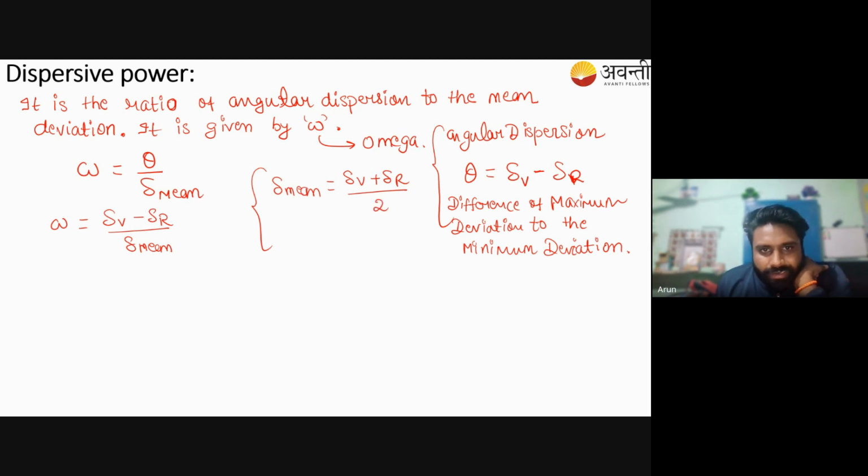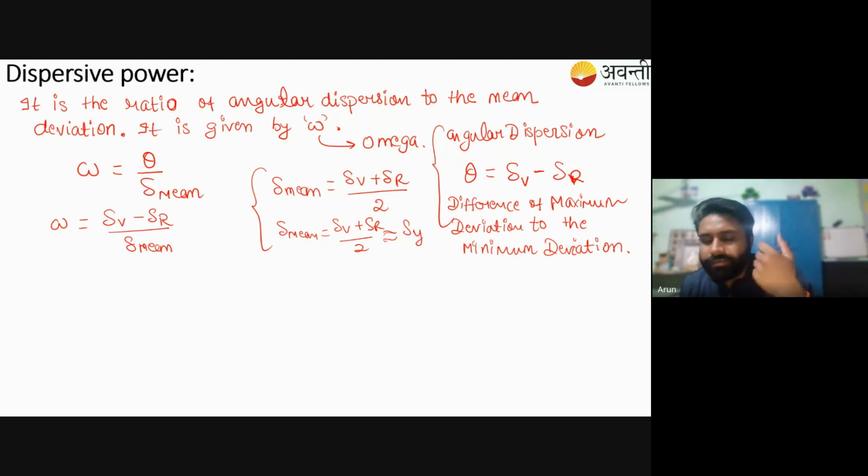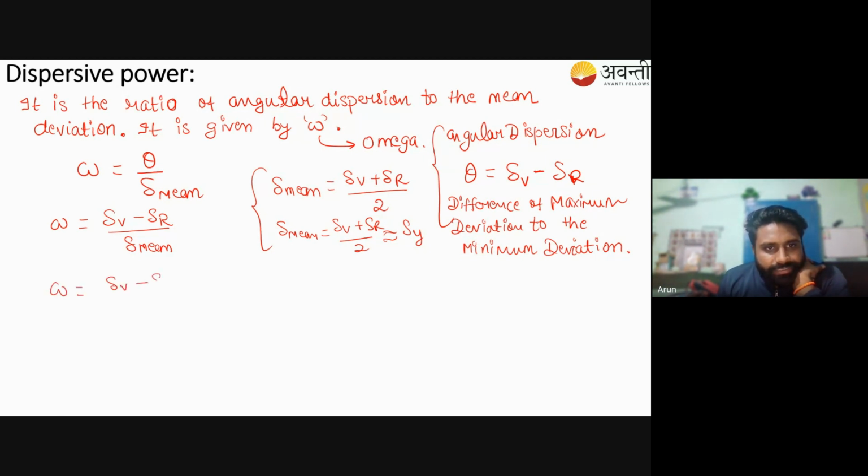Practically, this del v plus del r divided by 2 is approximated to the deviation by yellow color. So it is the mean value of color. So omega here we can write as del v minus del r divided by del mean, which is del y.